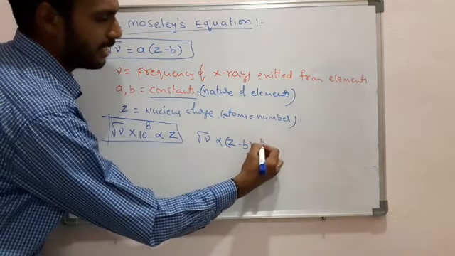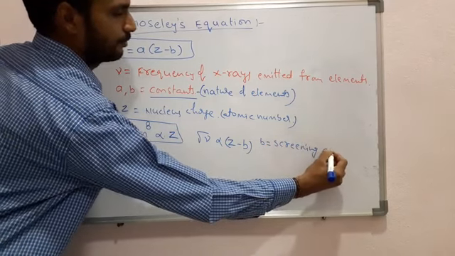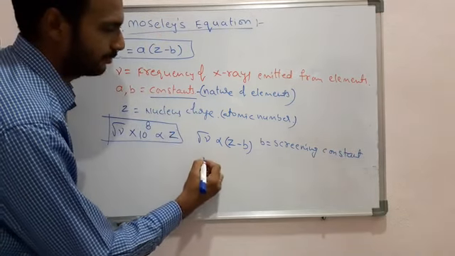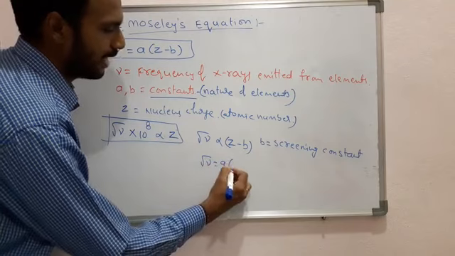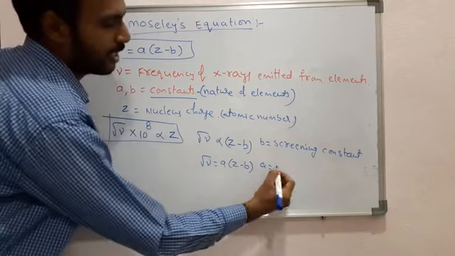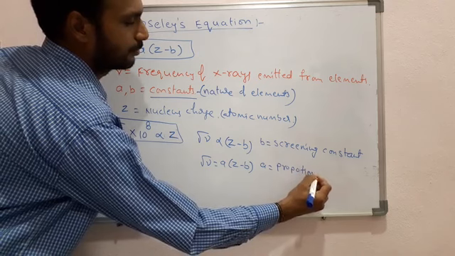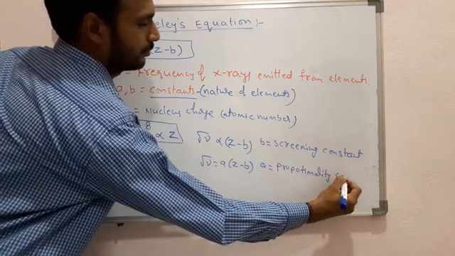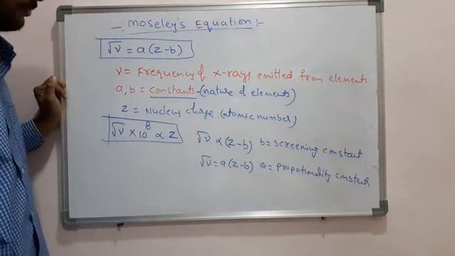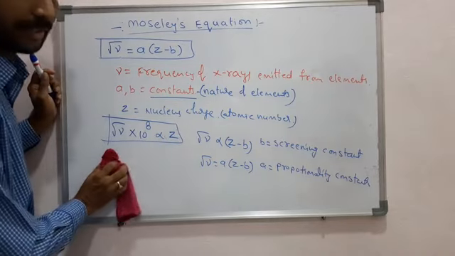Here b is also known as the screening constant, and root nu equals a into (Z minus b). Here a is simply a proportionality constant.